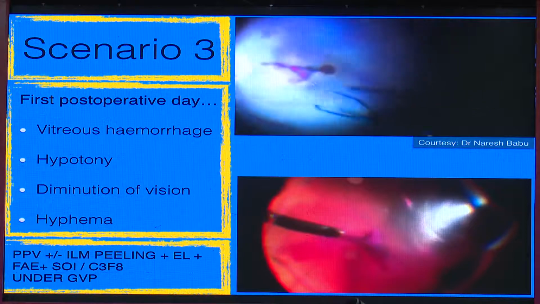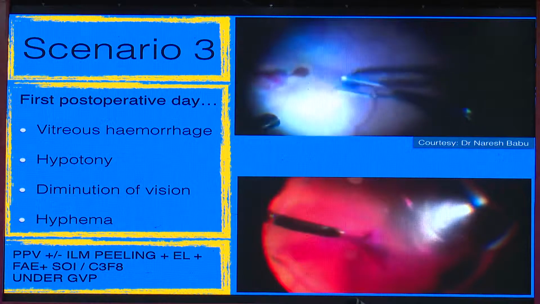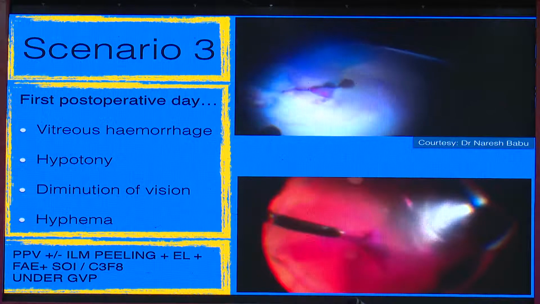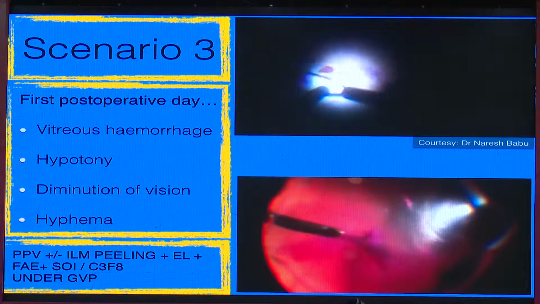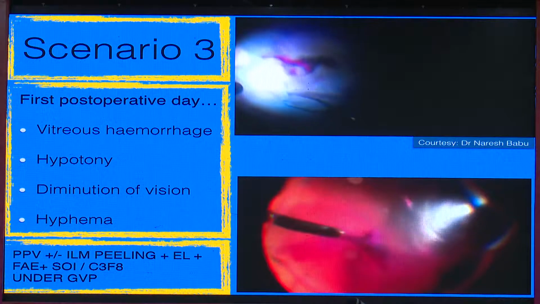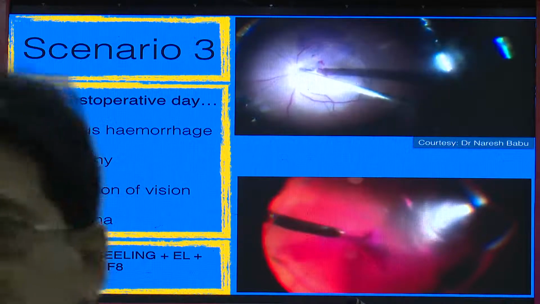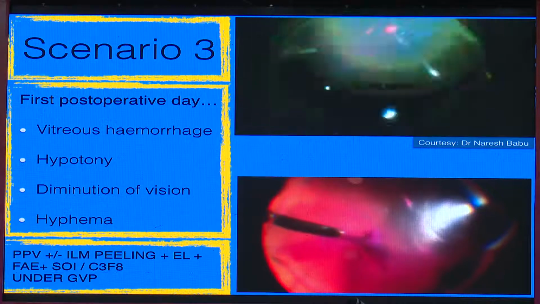There is a sub-ILM bleed also, so it's better to remove the ILM in such cases by staining it with BBG. Finally we can laser the break areas, then put oil and close it. So that was the perforation side.